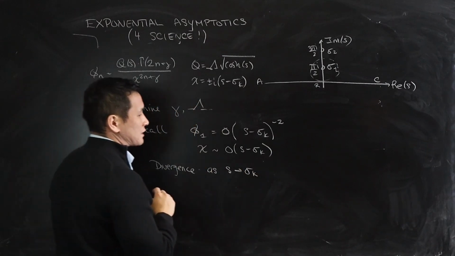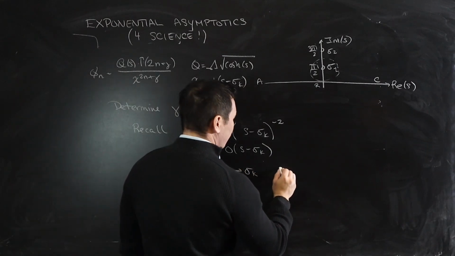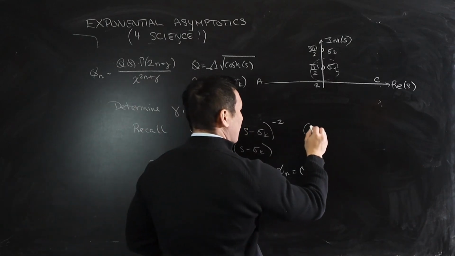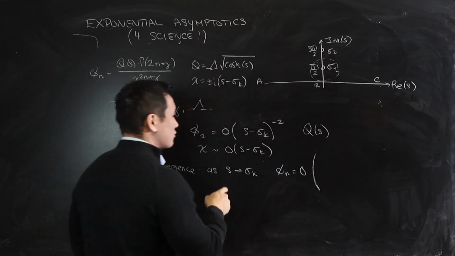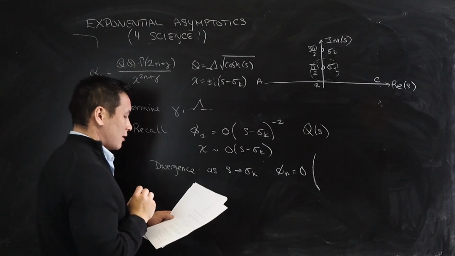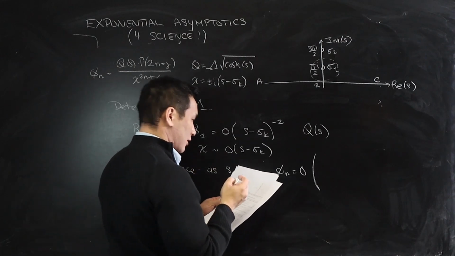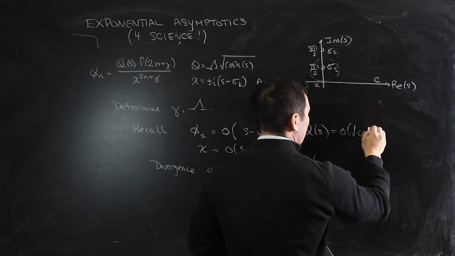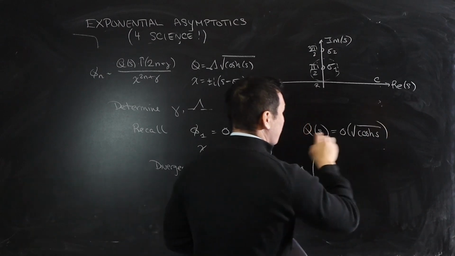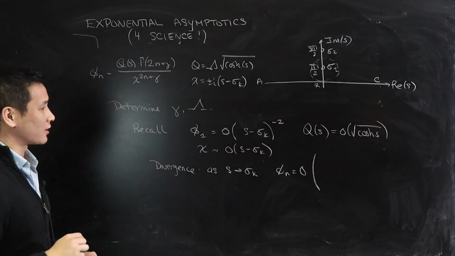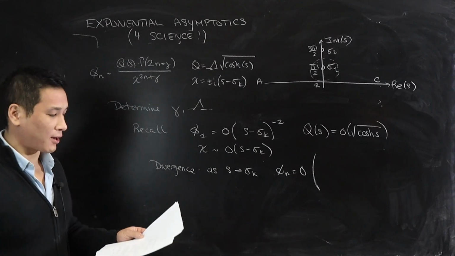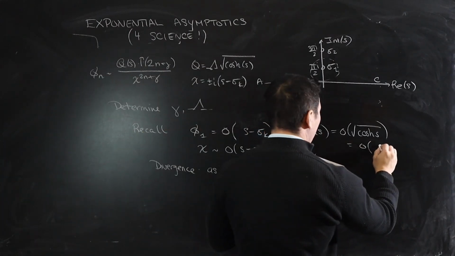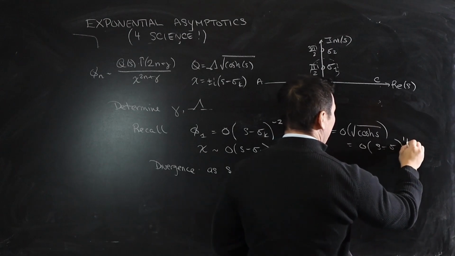That rule tells me that phi n is of order, I need the behavior q of s as well as you approach each of these points, and then you can double check that q of s is of order root cosh of s, and then you have to go and figure out what the cosh function is doing as you approach these multiples of pi i over 2, and you'll find out that it's basically of order s minus sigma to the 1/2.